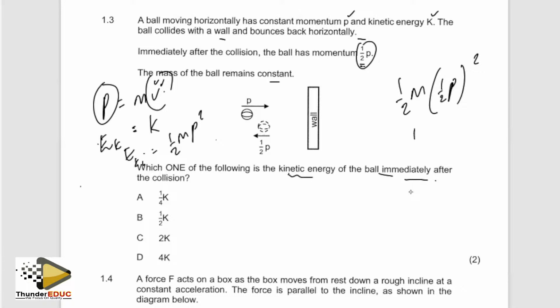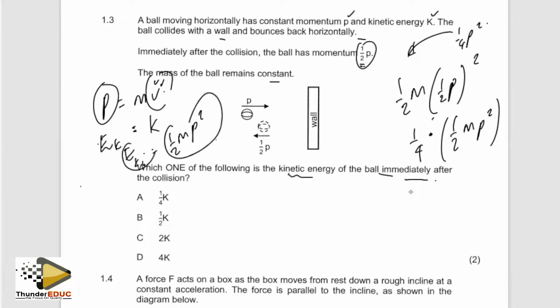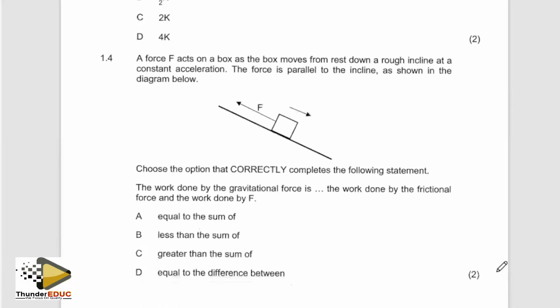Squaring that, I'll get a quarter, multiplied by a half M P squared. Take this quarter away, and then we have our original, which is K. So we're going to have a quarter of K. That is option A.